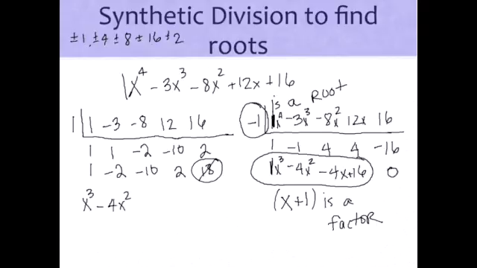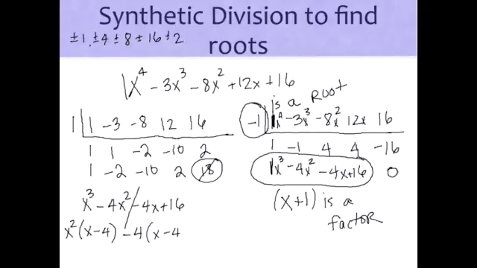1x to the third minus 4x squared minus 4x plus 16. The greatest common factor here is x squared. That leaves me with an x minus 4. The greatest common factor here is negative 4.